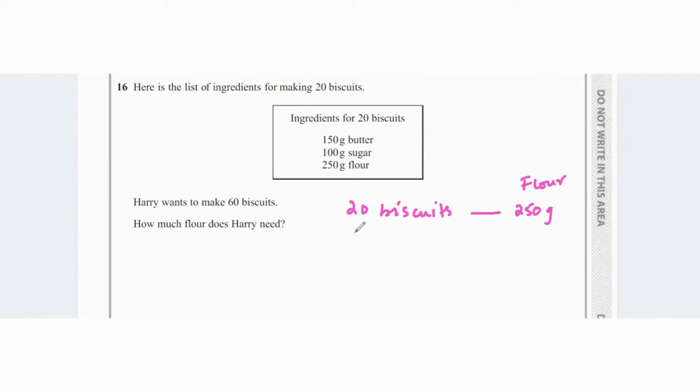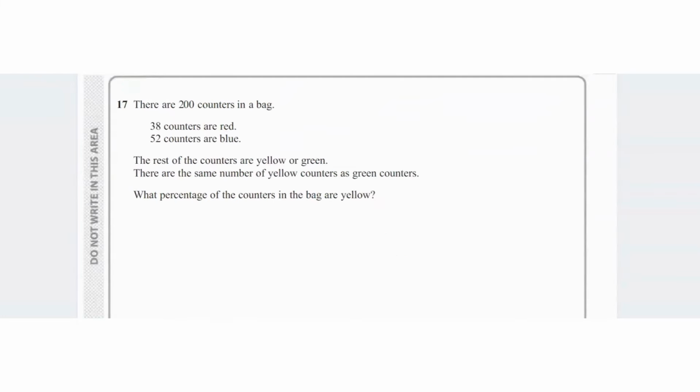So for 60 biscuits, we multiply 3 by 20. And since we're multiplying by 3, we will multiply 250 by 3 as well. So for 60 biscuits, we will need 750 grams of flour.